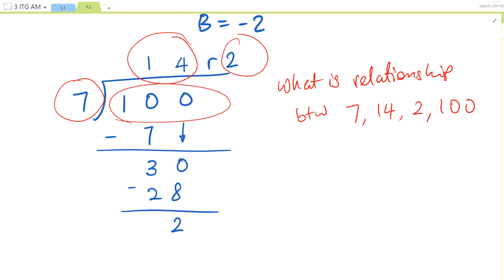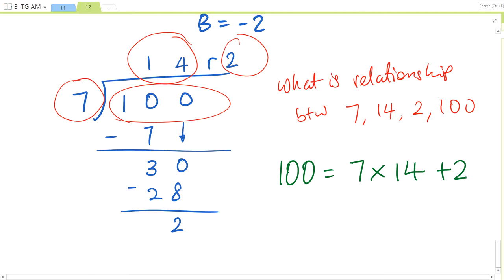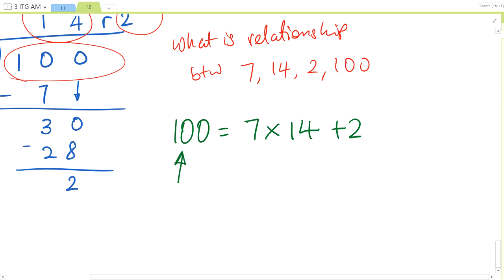7 times 100 equals 7. Wait. Too fast. Okay, one by one. 100 equals to? 7. Okay, now we have, what is this called again? Dividend. Okay, dividend equals to? What is the 7? It is the divisor.